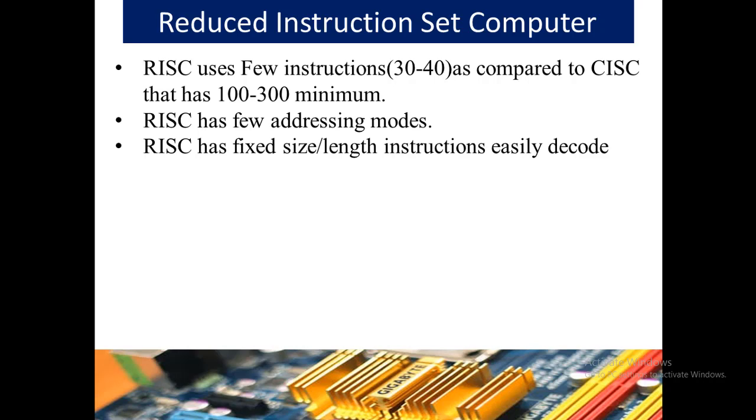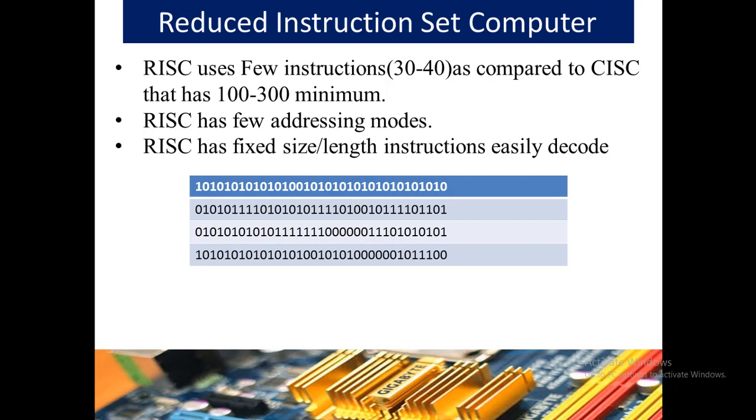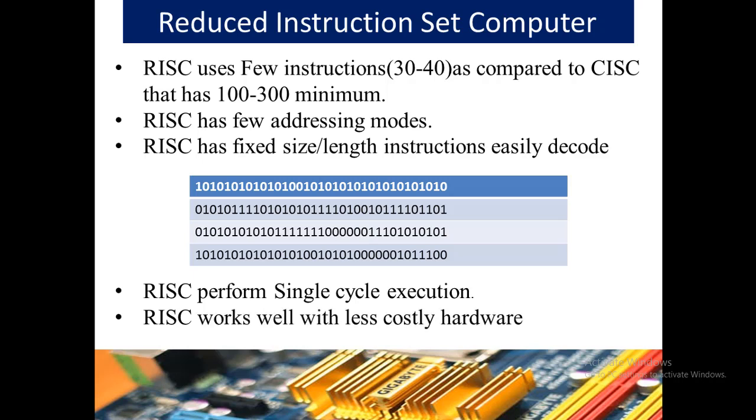While in RISC, as you can see, it has fixed size instructions that you can easily decode, and we can easily convert low level languages into high level languages. RISC performs single cycle execution. As we have discussed earlier, RISC works well with less costly hardware because its main focus is on software, not the hardware.